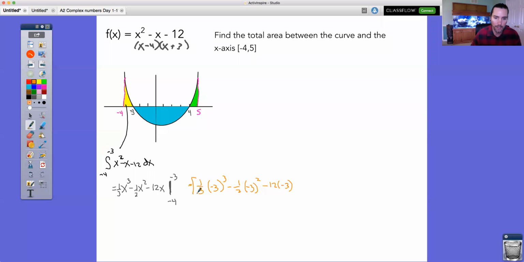I should probably put brackets around all that. Minus the lower limit. Oh, I did that backwards. I have my numbers backwards here, -4 to 3. No, I did, I'm good. Okay, minus brackets.